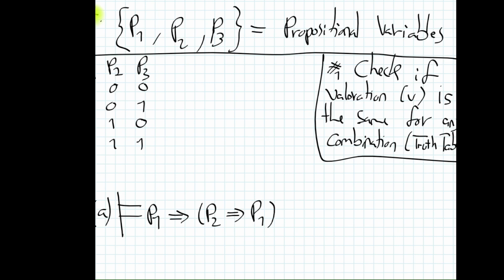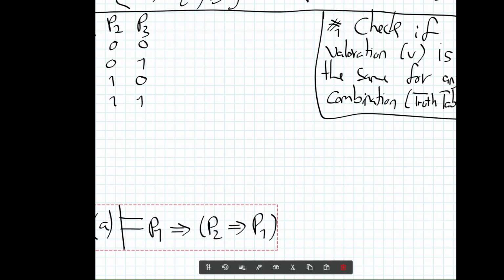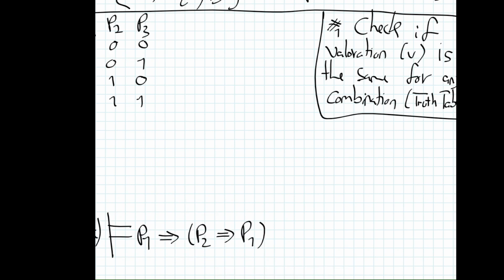And I'm assuming that you already know, of course, how the truth tables are made. You simply begin in a binary base. So what this means is you get the first value, which is 0, the second value, which is 1, the third value, which is 2, and so on.